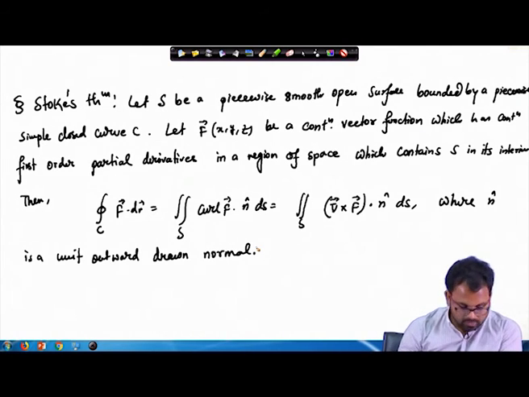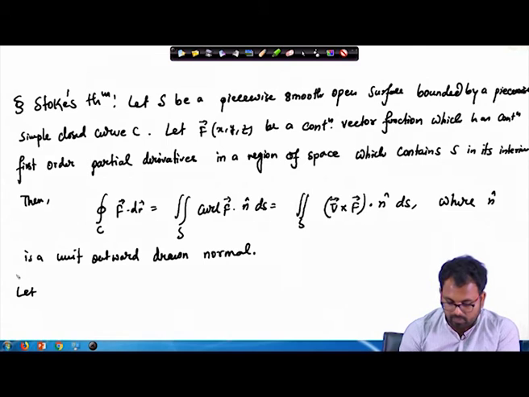So, if I write it in a Cartesian form, alternatively, a different form basically.